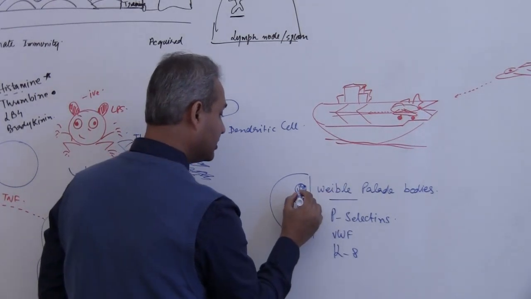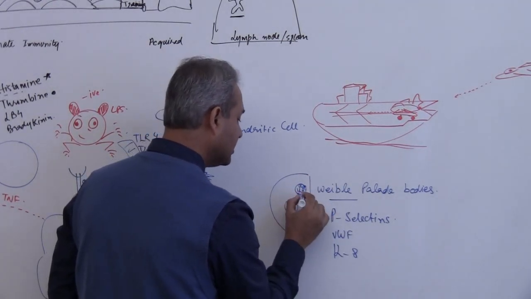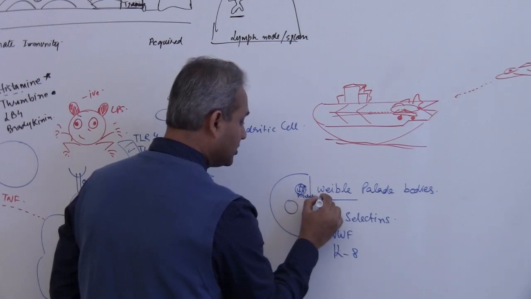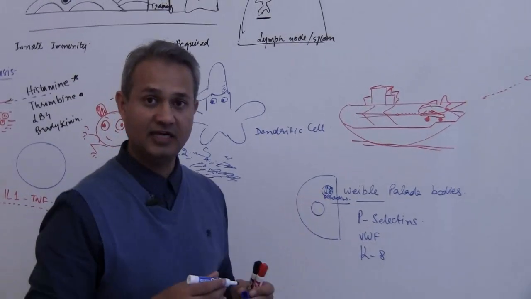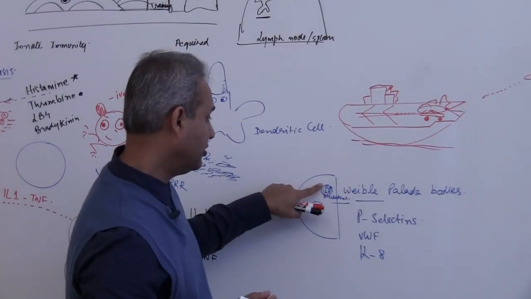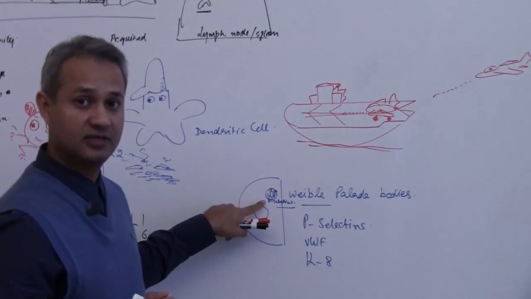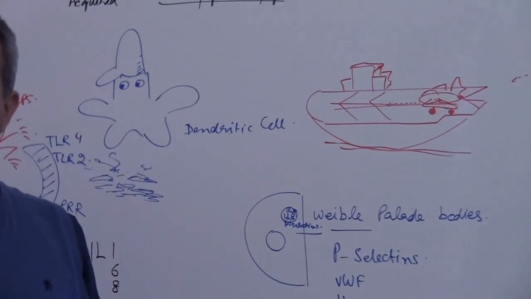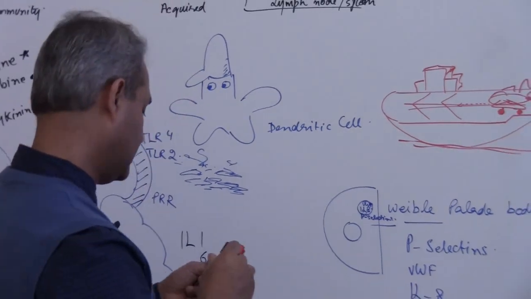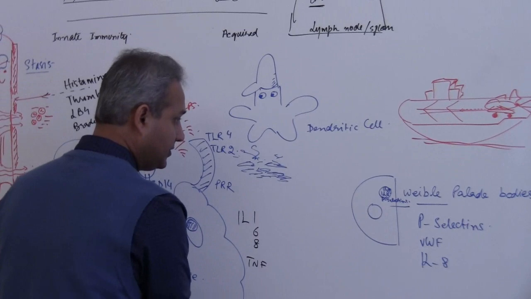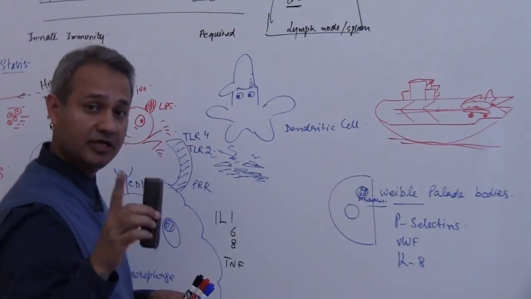And the P-selectins are present here. What I've written here is von Willebrand factor, IL-8, and the P-selectins. So what is important for us to understand is, what are these selectins? These are present in the Weibel-Palade bodies inside the cytoplasm of the endothelial cells.